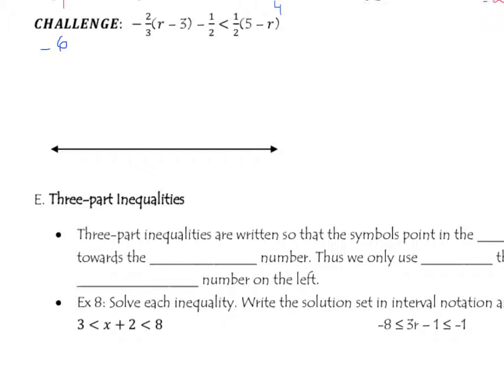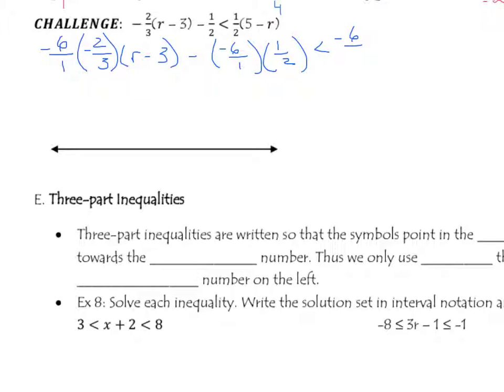So we have negative 6, which we'll write as negative 6 over 1 times negative 2/3 times r minus 3 minus negative 6 over 1 times 1/2 is less than negative 6 over 1 times 1/2 times 5 minus r.